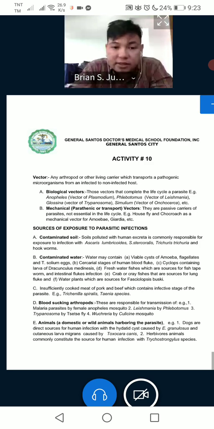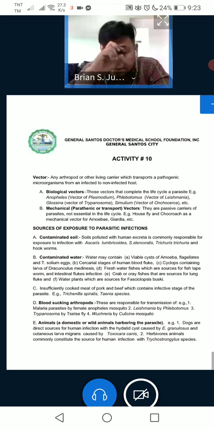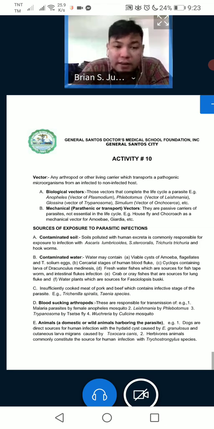Okay? So, another one, class, is the blood-sucking arthropods. Katulad nung nakita ninyo kanina, we have the different types of vectors. For example, malaria by the female Anopheles mosquito. Again, I will repeat, female Anopheles mosquito. The only role of the male is to fertilize the female and give nutrients sa female, pero hindi sila nangangagat.